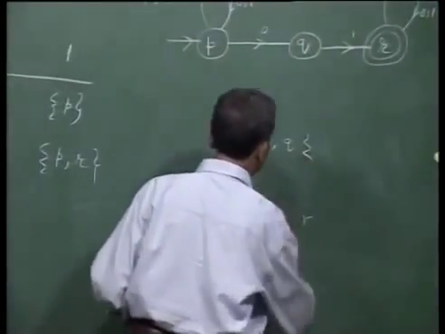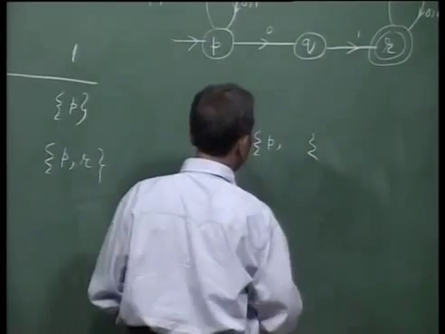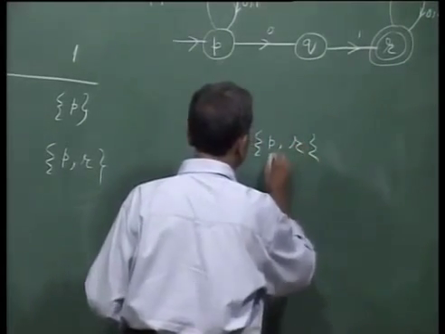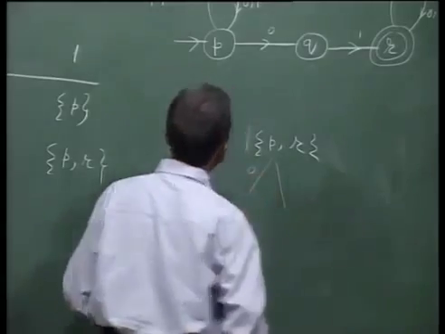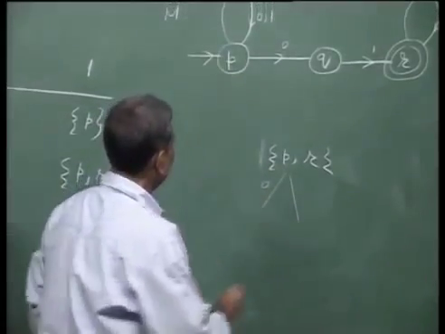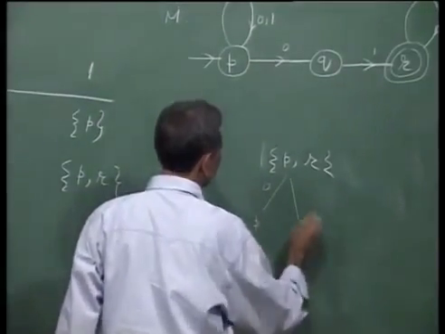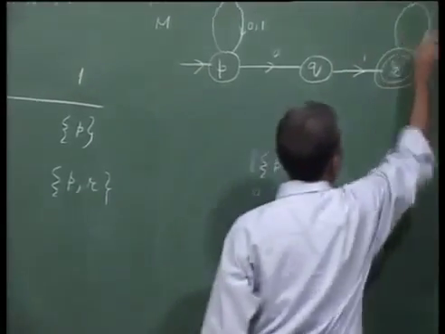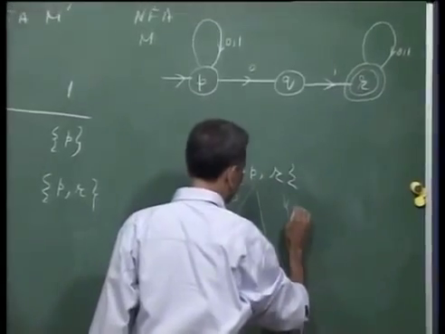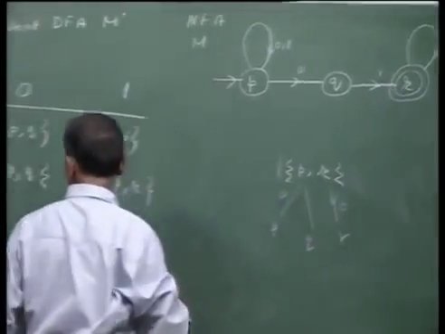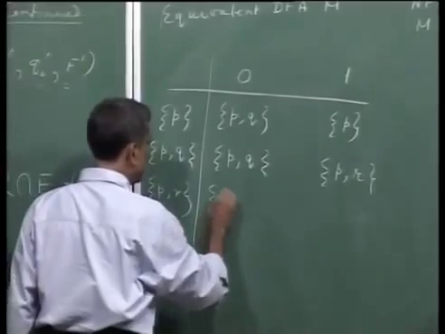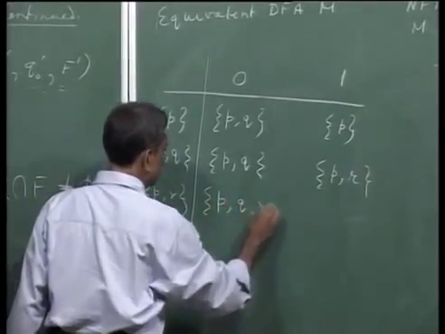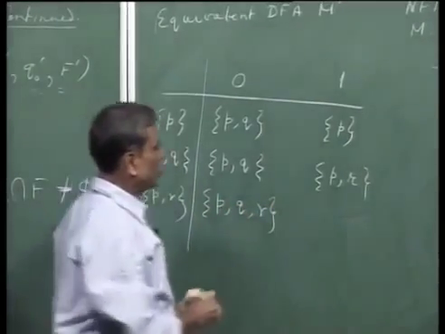We will do the same thing. So now it is P and R, and a 0 came. On 0, from P you can be either in P or in Q. From R, when a 0 comes, you will remain in R, right. So the state of the DFA will be PQR, and what about 1?